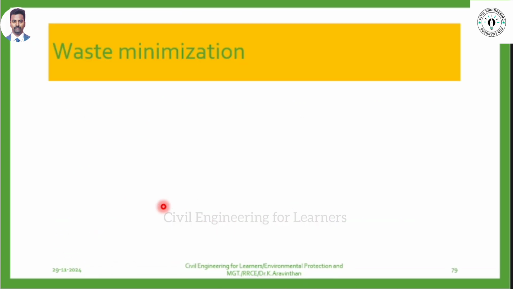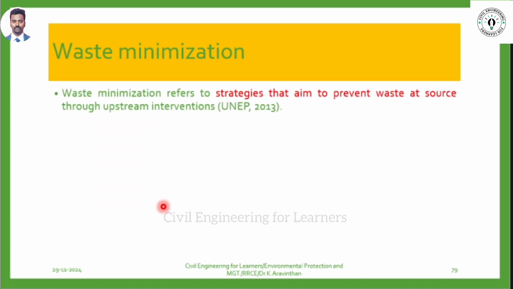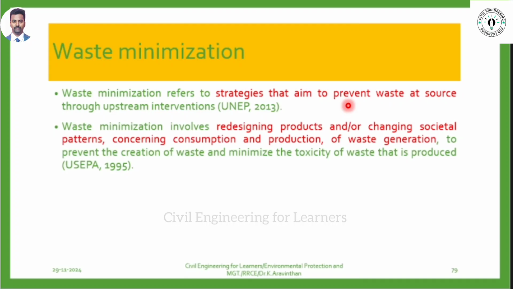Now, next thing is waste minimization. After doing the waste audit, you can do minimization. How to minimize? There are 5 phases to waste minimization. Which I will explain. Waste minimization aims to prevent waste from the source. There is a hierarchy. How to make waste minimization?